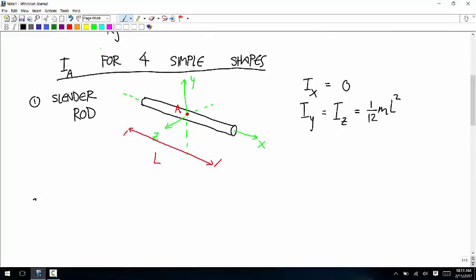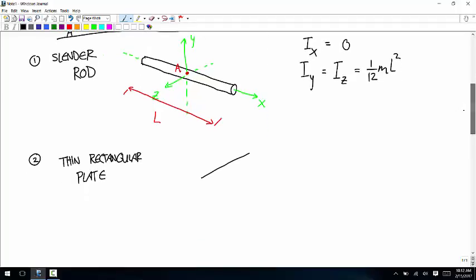The next thing is a thin rectangular plate. We'll call this distance B, and this distance C. The thickness, just like we assumed that slender rod had 0 diameter, we're going to assume that thickness is 0.